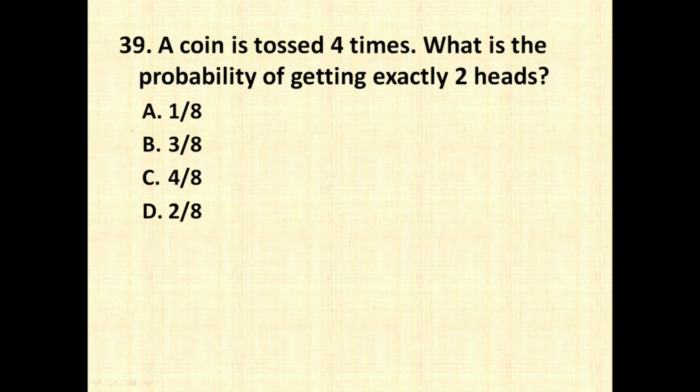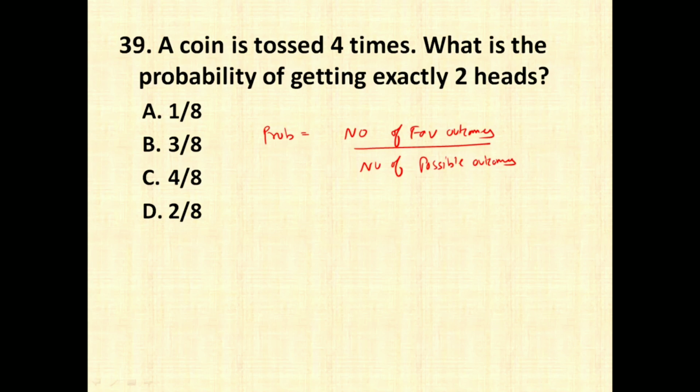A coin is tossed 4 times. What is the probability of getting exactly 2 heads? 1 by 8, 3 by 8, 4 by 8, 2 by 8. Now, how do you compute probability? Probability is computed by the formula number of favorable outcomes divided by number of possible outcomes. So how many favorable outcomes are there, what you want, and how many possible outcomes are there.